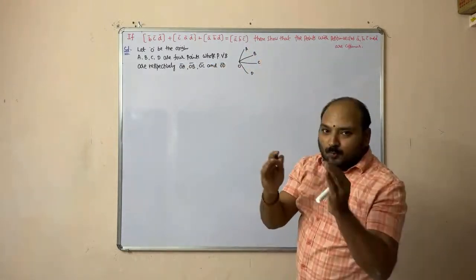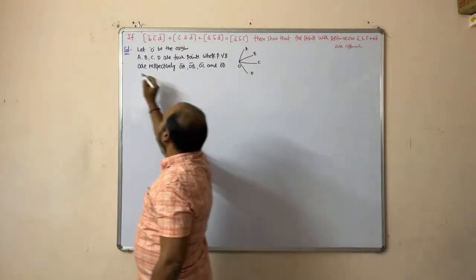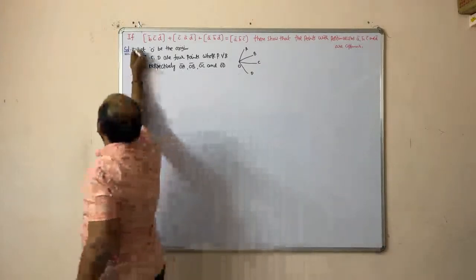So for these 4 points A, B, C, D, the position vectors are OA bar, OB bar, OC bar and OD bar.